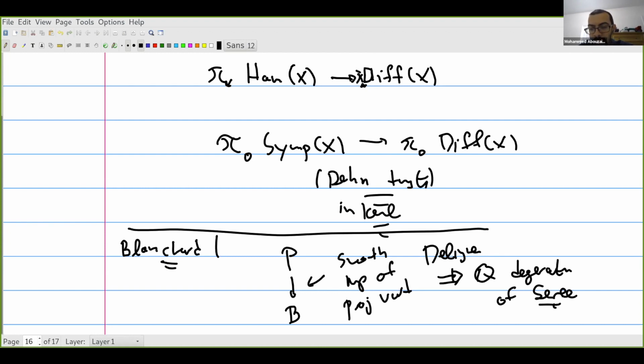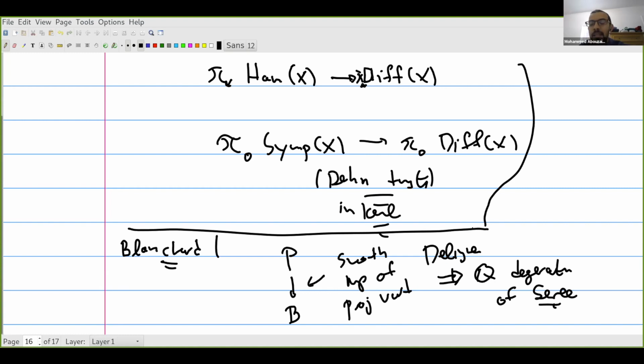What's interesting is, I just want to say this is not true integrally. It's related to the conjecture at the beginning, where I was asked whether I make a statement about Ham X mapping to automorphisms.